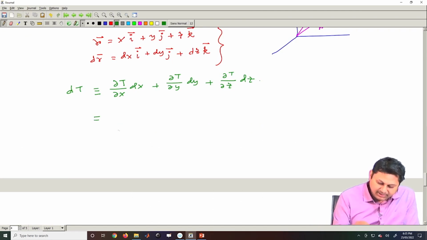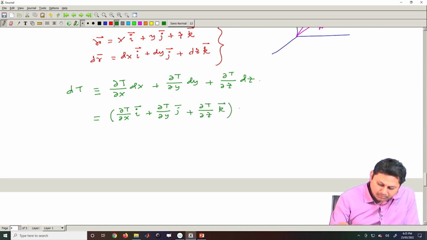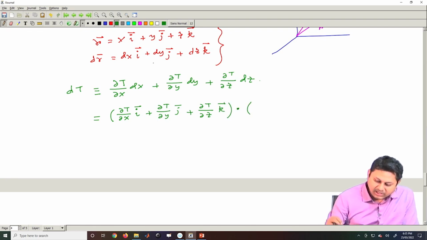I can write this quantity as a dot product of two vectors, with dx i, dy j, dz k, dot, because dx dy dz I know this is dr. So, I can write it this way.